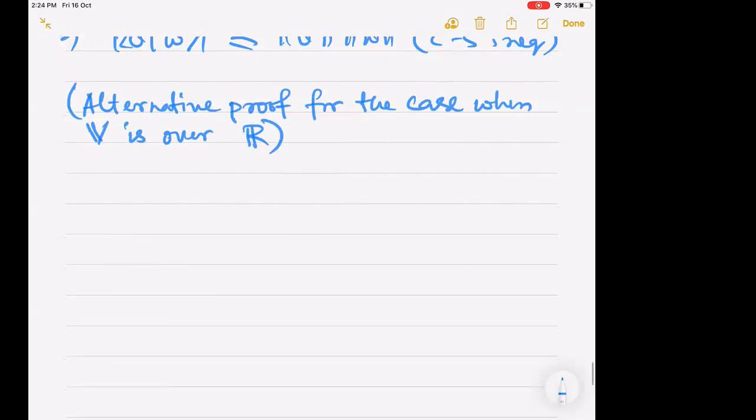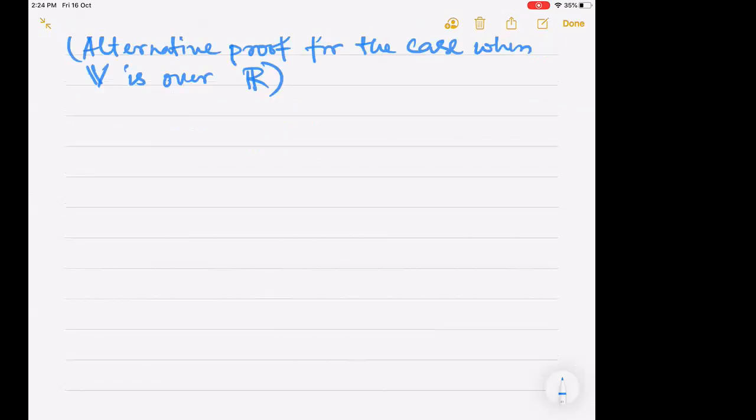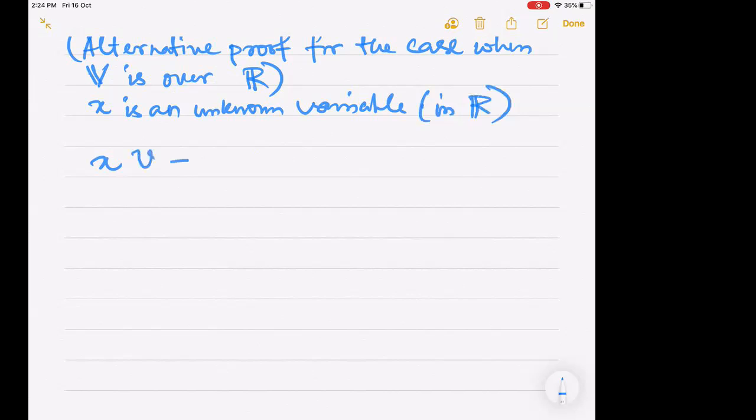What is that alternative proof? Well, suppose X is any arbitrary placeholder, an unknown variable in R. Now define xV minus W and look at its norm squared.